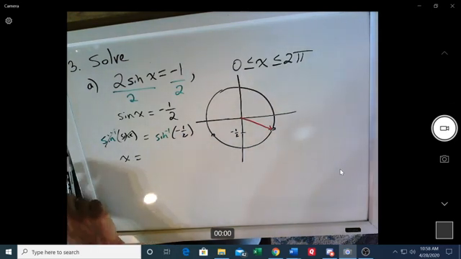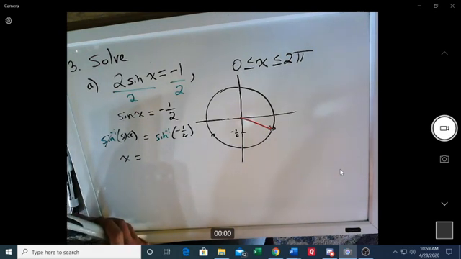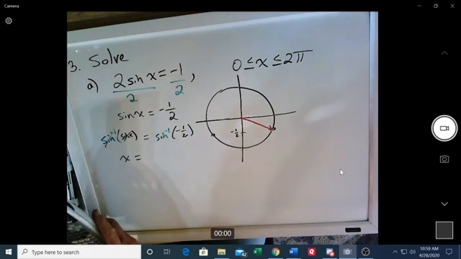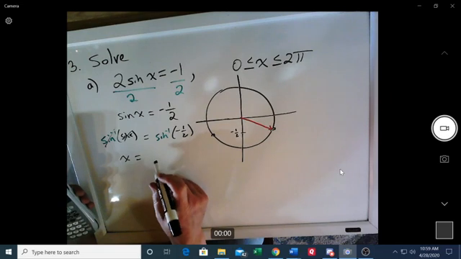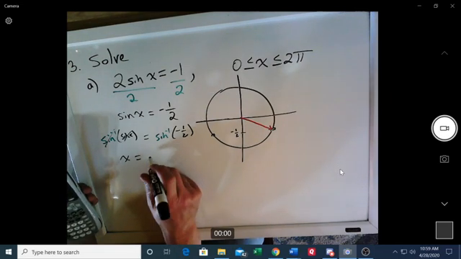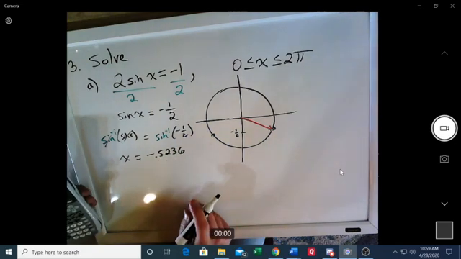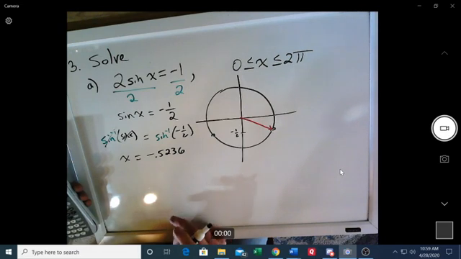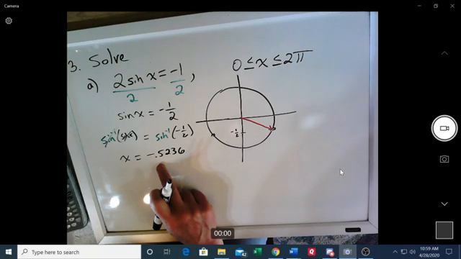And when I punch this into my calculator, I make sure I'm in radian mode, so I have to change back, I just had changed it into degree mode, and I do inverse sine of negative 0.5, I wind up getting x equals negative 0.5236. I round that last one off. Now, I could have written my answer down this way, but I think I could have figured out what that was without a calculator.